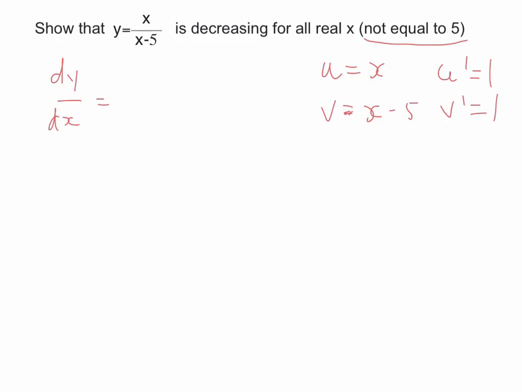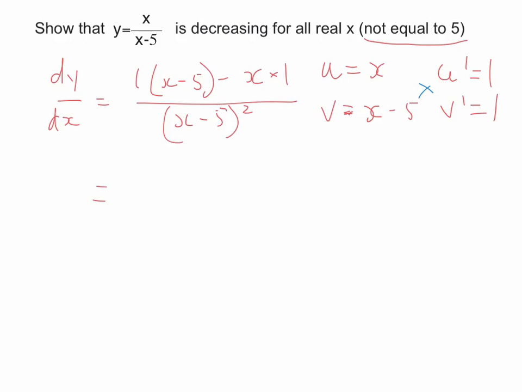So actually, as far as the quotient rule goes, this is going to be a pretty nice easy one. We of course cross those over and we do v u dash minus u v dash, so one lot of x minus 5 minus x times 1, over the denominator v, x minus 5, all squared.